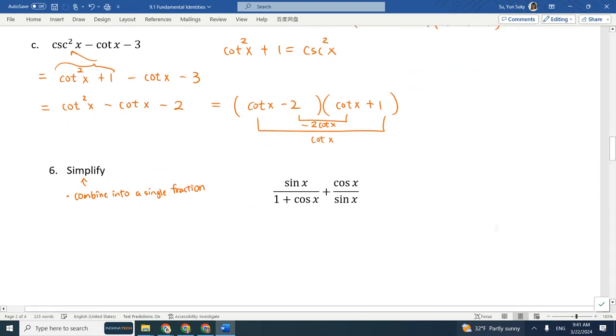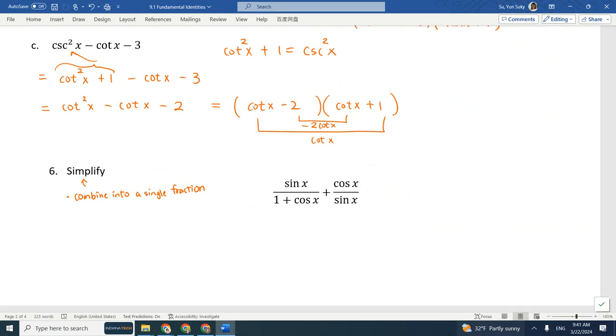What is the common denominator? 1 plus cosine x and sine x. When you add two fractions, you find the common denominator. Look at the first fraction: how do you get this? You multiply the top and bottom by sine x.